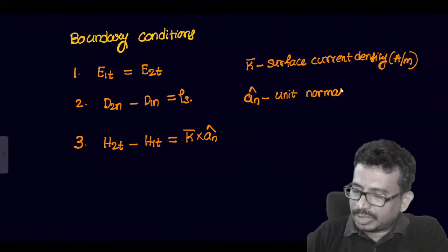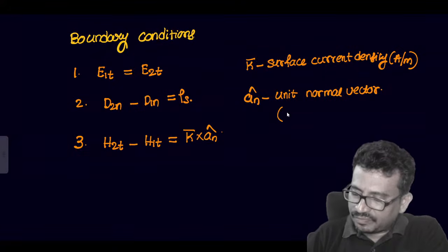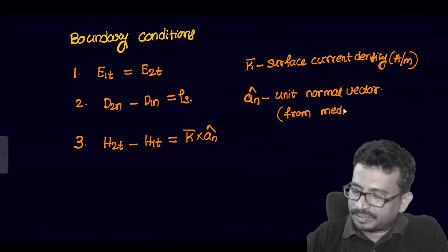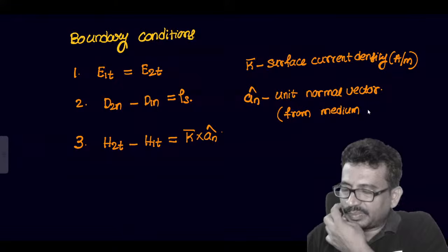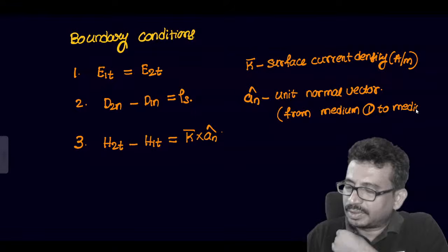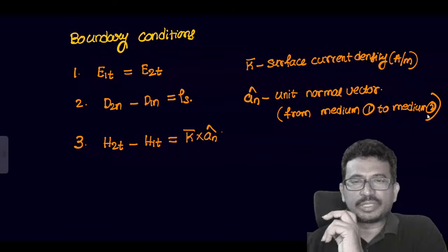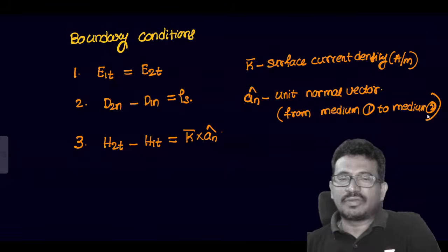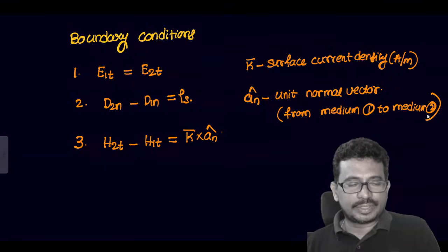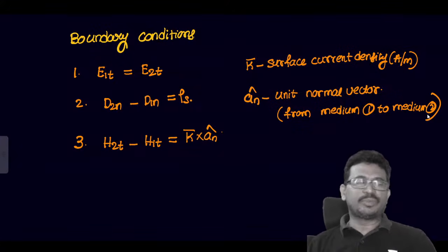Keep in mind this should be taken from medium 1 to medium 2. Some textbooks follow from medium 2 to medium 1, and in those cases they write An cross K, the reverse. Here we are following medium 1 to medium 2.